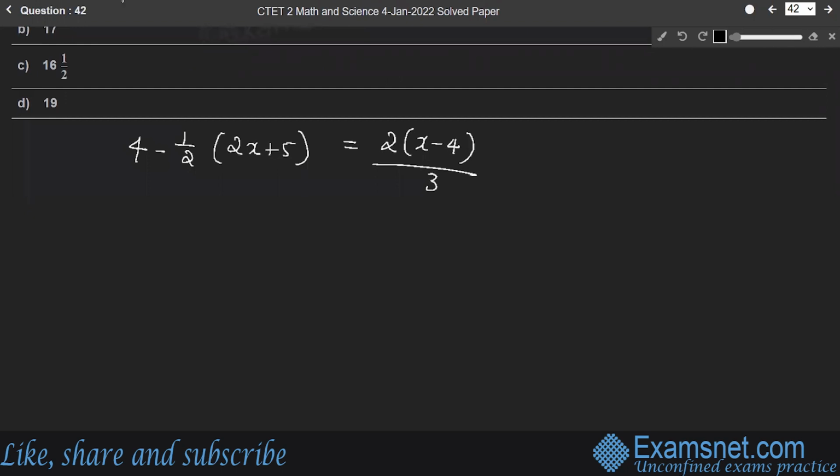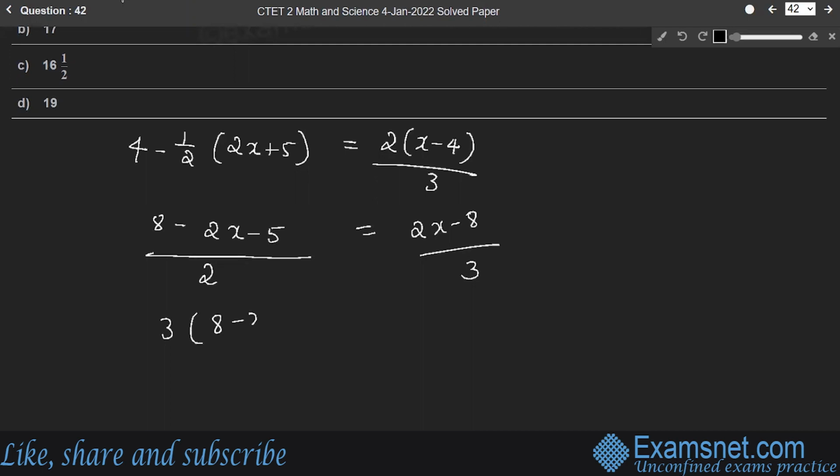So taking LCM as 2. So 4 into 2, 8 minus (2x minus 5) (minus of plus is minus) is equal to (2x minus 8) whole divided by 3. By cross multiplication, 3 into (8 minus 2x minus 5) is equal to 2 into (2x minus 8).